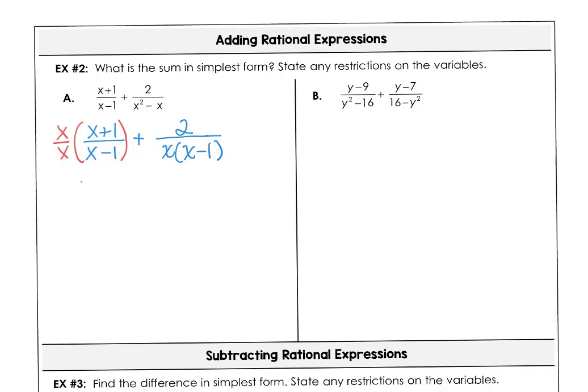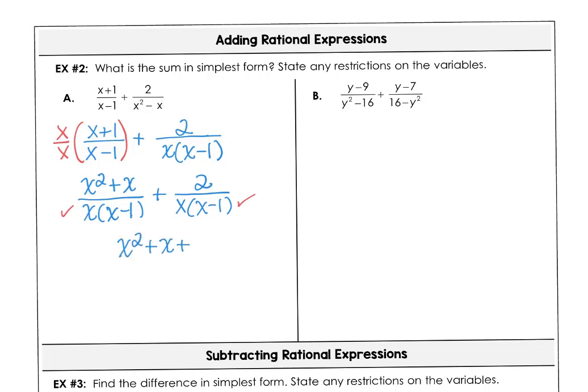So our numerator is going to be x squared plus x, and x times x minus 1. Then our numerator over here is 2, and x times x minus 1. So they both have the same denominator, which gives us the ability to add the numerators together and combine our two fractions.